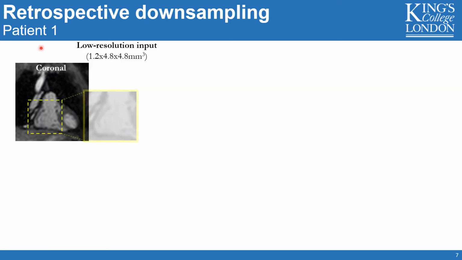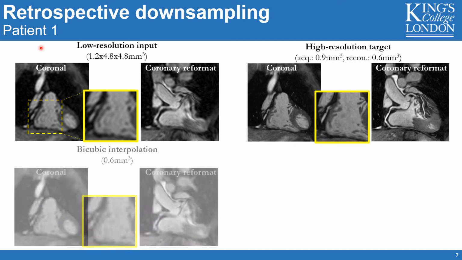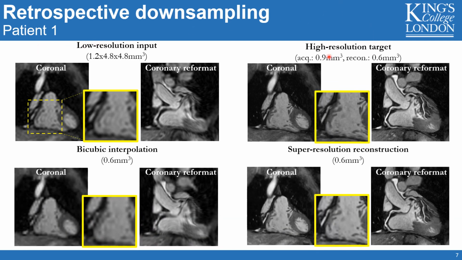First, let's look at some results of the retrospective downsampling, meaning we had the high resolution target, which got retrospectively downsampled to the low resolution input. Here you see the coronal view, a zoomed-in version of the coronary arteries, and some coronary reformats of the low resolution input, the high resolution target, a bicubic interpolation, and the super resolution reconstruction to the 0.6 millimeter isotropic resolution.